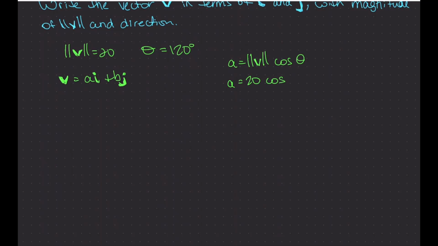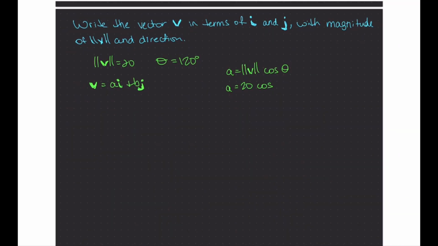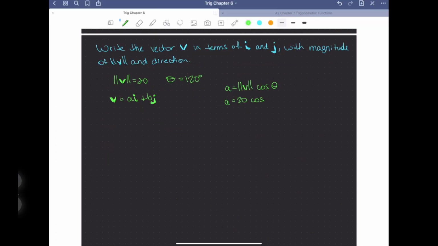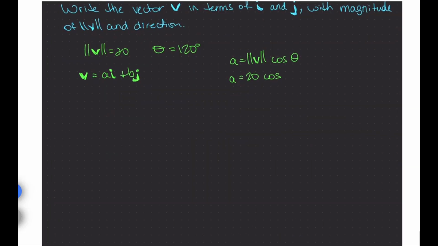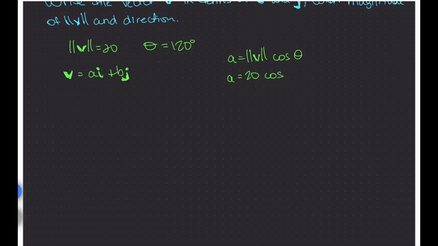What's our theta? 120. So A equals 20 times, anybody know what the cosine of 120 is?